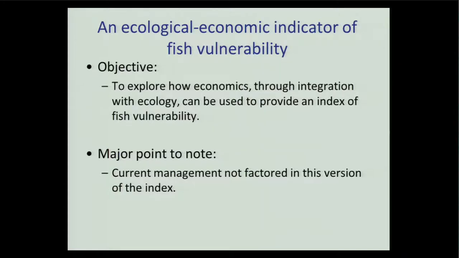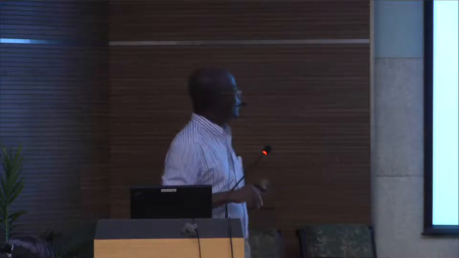That's the first step of our work. The hope is to have a series of actions, and one of them will actually see how we incorporate effective management into this, okay? So please remember that. If I show Iceland not doing good, I'm not taking into account that they have ITQ systems. I'm just looking at their fish and the drivers of fishing. All right.